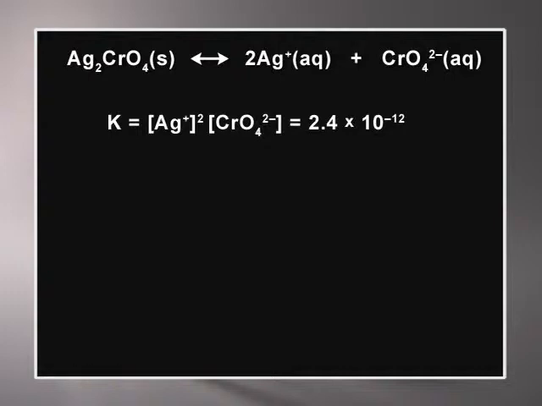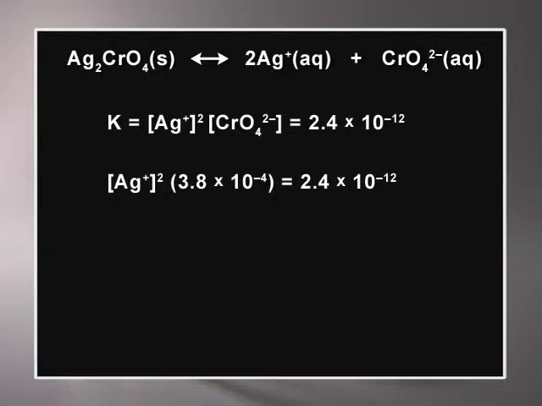The concentration of chromate ion was given in the problem and was equal to 3.8 times 10 to the minus 4th molar. We were supposed to find the concentration of silver ion. So all we really have now is an algebra and calculator problem.